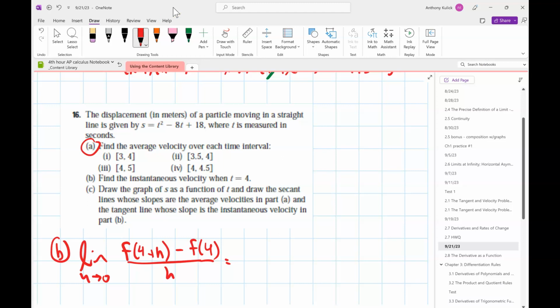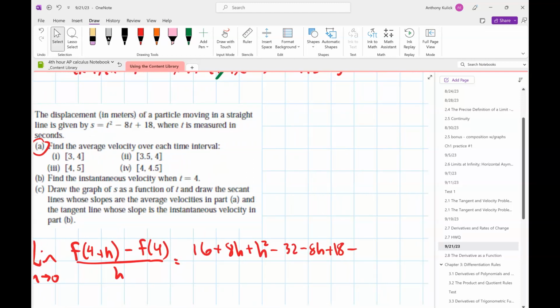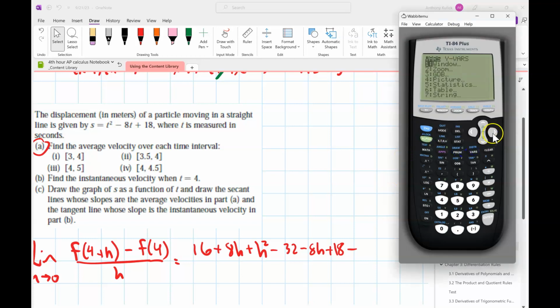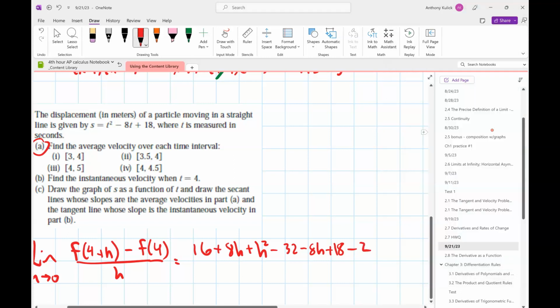So when I plug in 4 plus h into my function, I get 16 plus 8h plus h squared minus 8 times 4, 32 minus 8h plus 18, and then minus, I'm just going to do that in my calculator real quick, vars, y vars, function, y1 of 4, 2, over h.